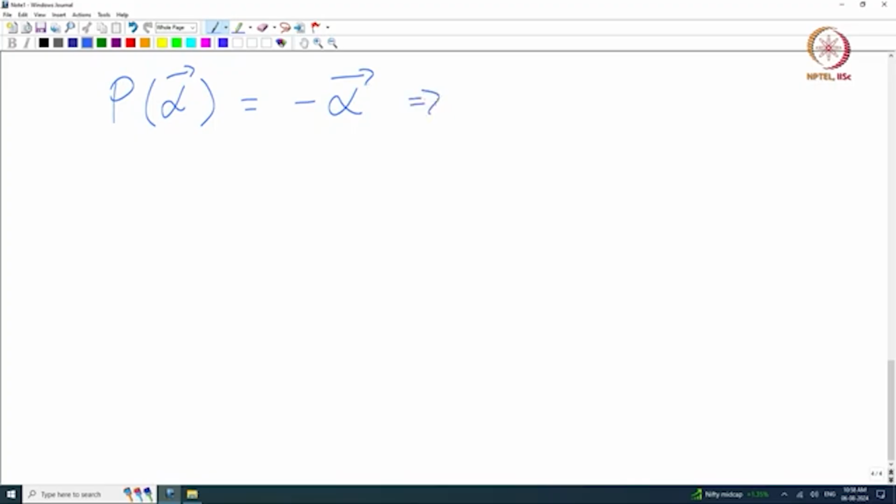It has a few names. You must have heard of it. It's a polar vector. Some people call it a real vector, and in particle physics context we just say vector.